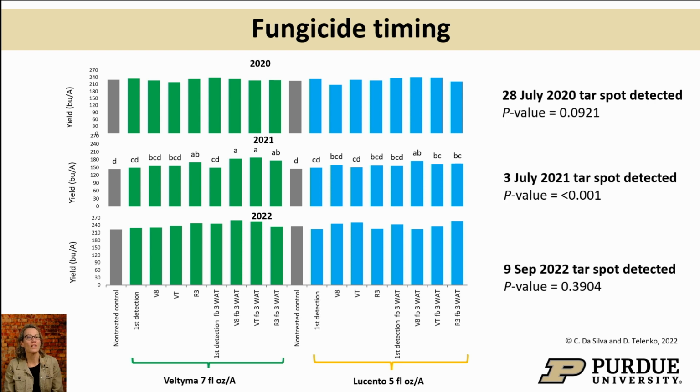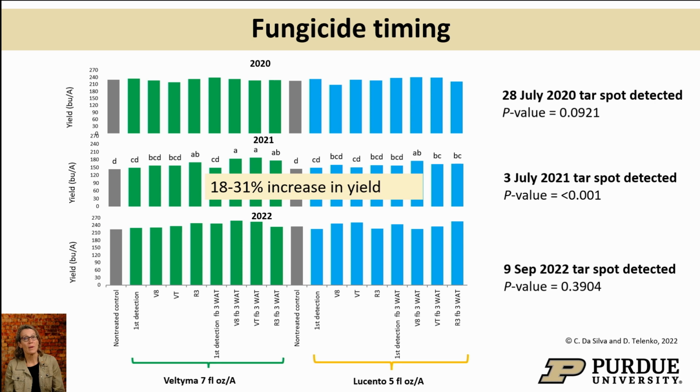Okay, and then when we look at the yields, in 2020 the yields were maybe just significant. In 2021, there were significant differences in the yield, and so we saw an 18 to 31% increase in yield by applying that fungicide, and significantly greater yields for that application at V8 and then at VT with that 3 weeks after application.